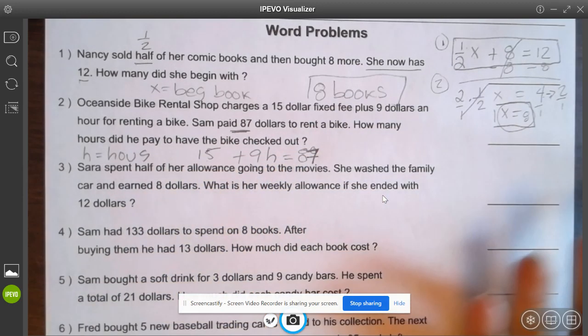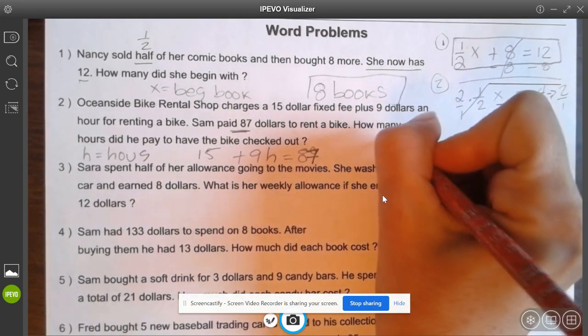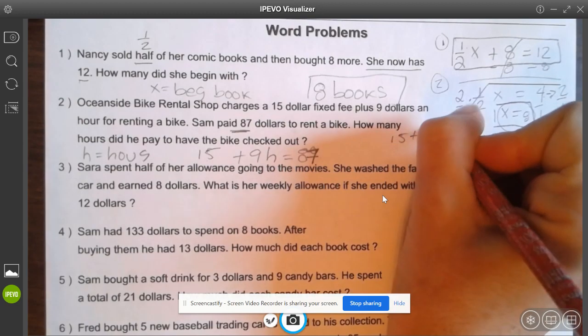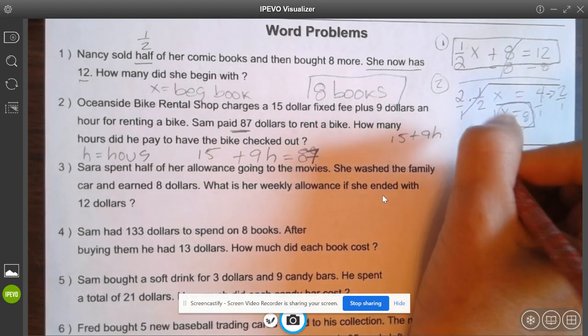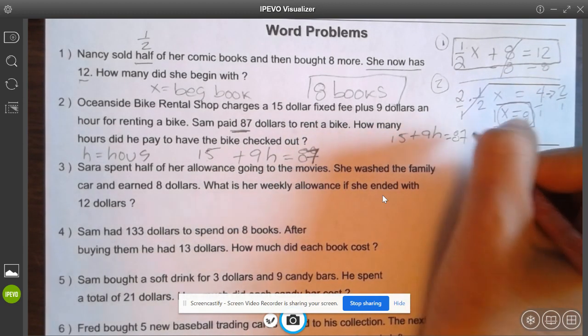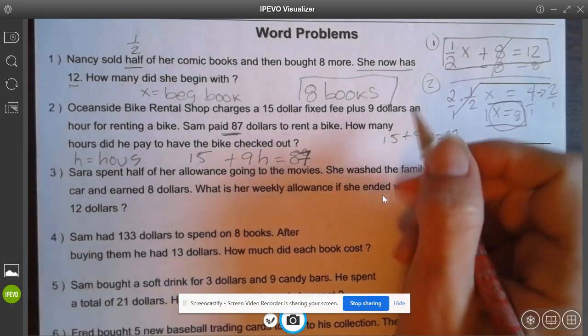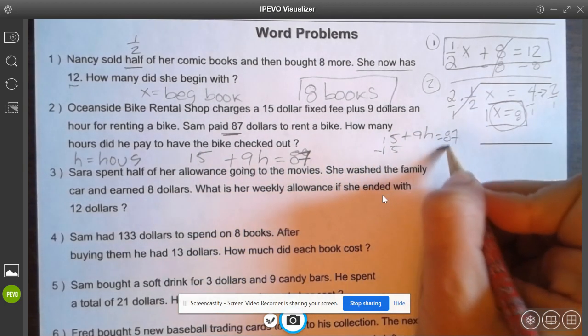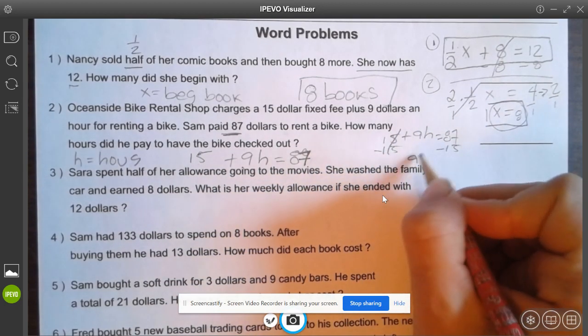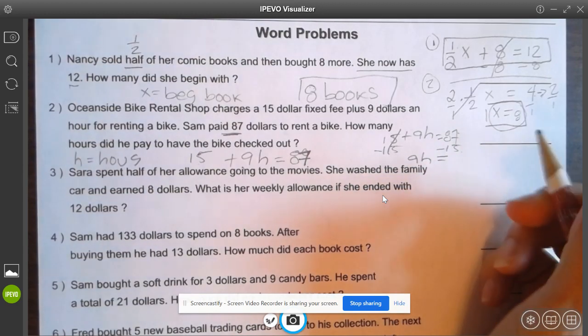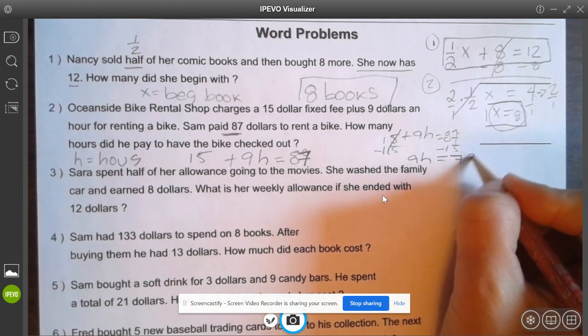Now to solve that equation, let's solve it here. So that's 15 plus 9 times H equals 87. And then you subtract 15, 15 minus 15, that goes away. 9h equals 87 minus 15 is 72.